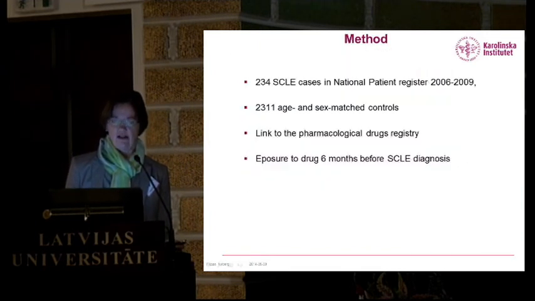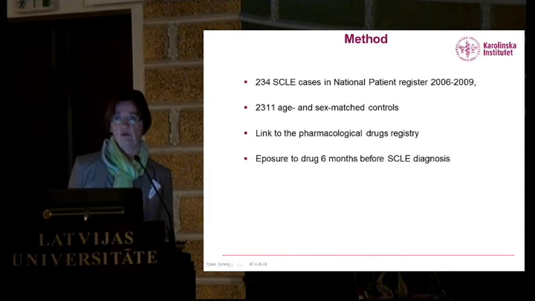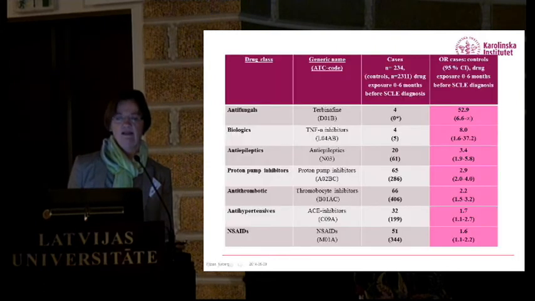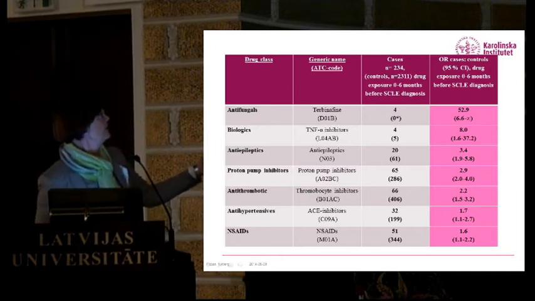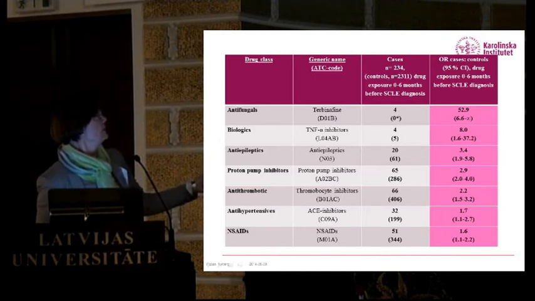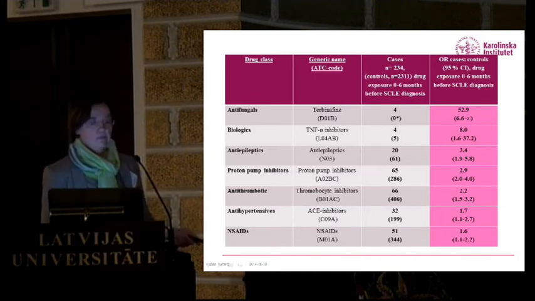And another thing that we should monitor for is subacute cutaneous lupus and drugs, because it seems to be much more common with drug-induced subacute cutaneous lupus than we have previously thought. We have made a large study in Sweden, 234 subacute cutaneous lupus cases, and we linked it to our registers in pharmacological side effects, and we found antifungals, biologics, antiepileptics, and especially proton pump inhibitors.